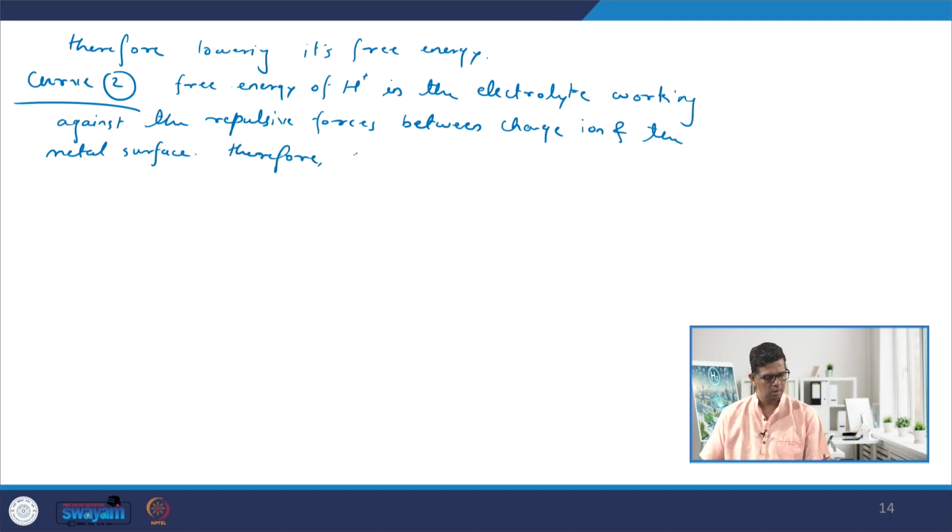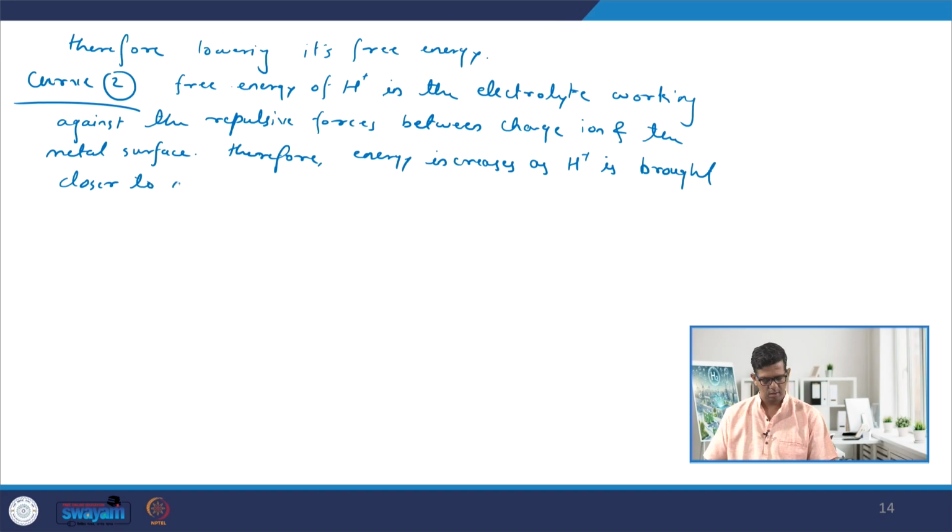Therefore, the energy increases as the proton is brought closer to the metal surface.